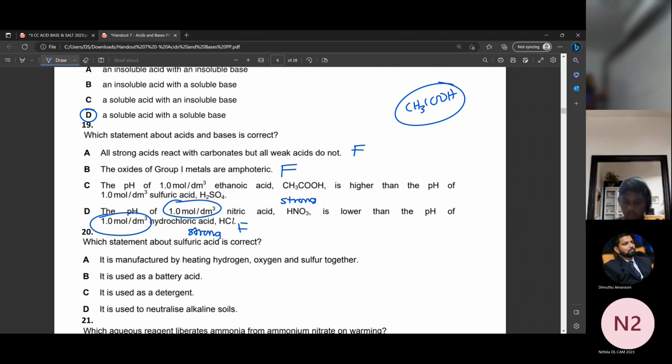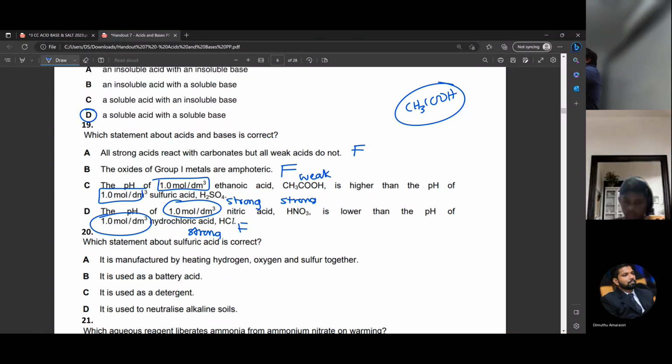The reason is this. The pH of 1 mole per dm cube ethanoic acid is higher. First of all, you can see the concentrations are same. This is a strong acid. This is a weak acid. A weak acid is less acidic than a strong acid. Less acidic means higher pH.